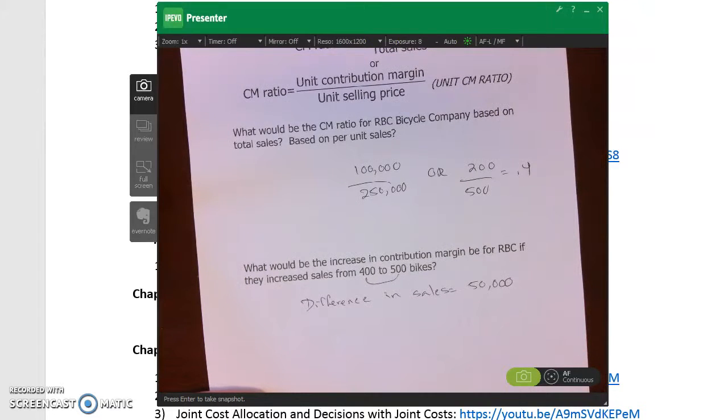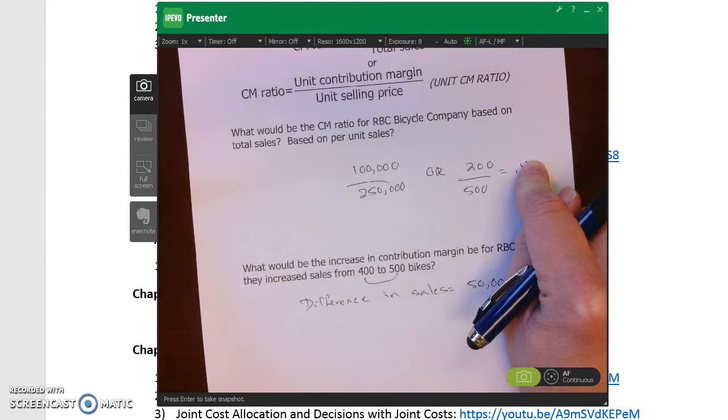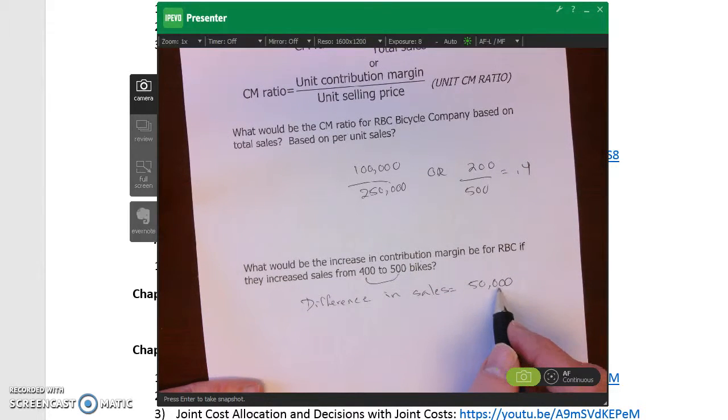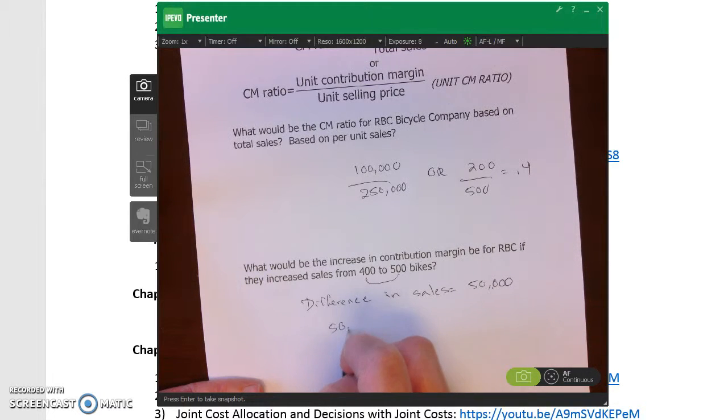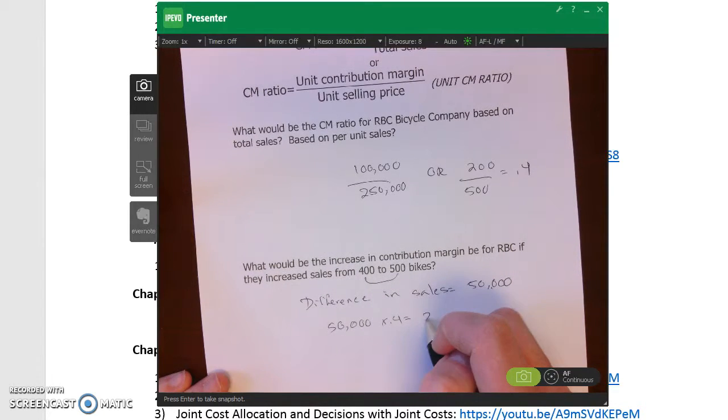Okay? So what is this 0.4 telling me? It says that I get 40 cents of contribution margin for every dollar of sales. So if that's true, how much contribution margin do I get from an extra $50,000 of sales? I can go my 50,000 times my 0.4, which is going to give me $20,000.